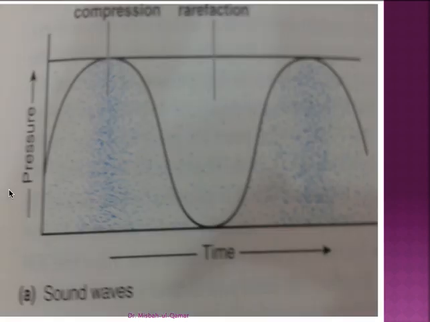Here in this figure, you can easily see the areas of compression of air molecules and the areas where the air molecules are dispersed. So the sound wave consists of these alternate regions of compression and rarefaction.